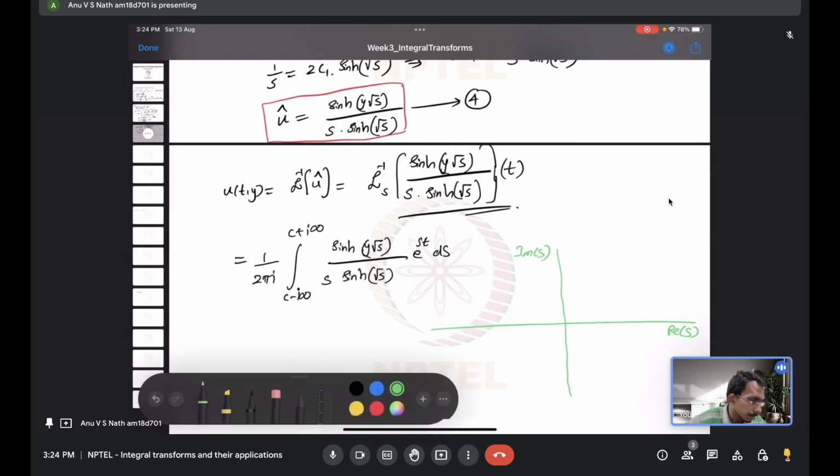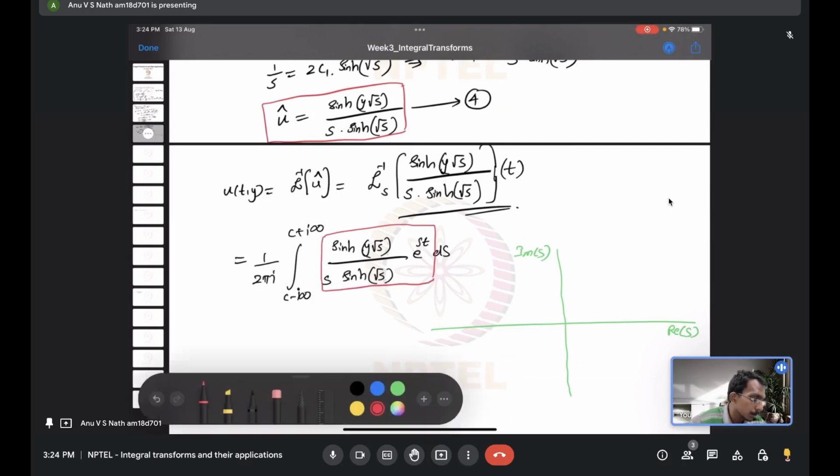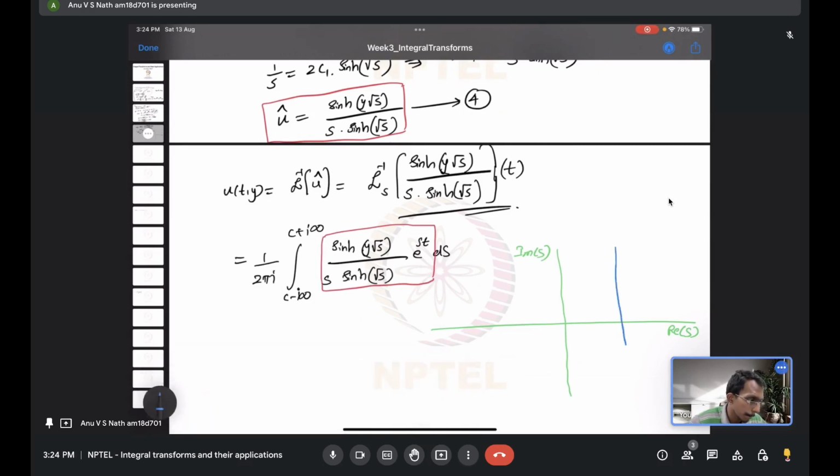In that, our main function, the entire function that we need to integrate is this, and the integration needs to be done through this particular line, which is c minus i infinity to c plus i infinity extending, where this line we have to choose in a way that it lies on the right of all the singularities of this particular function, which is inside the red color region. Okay.